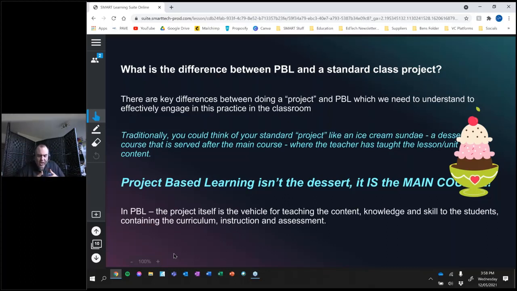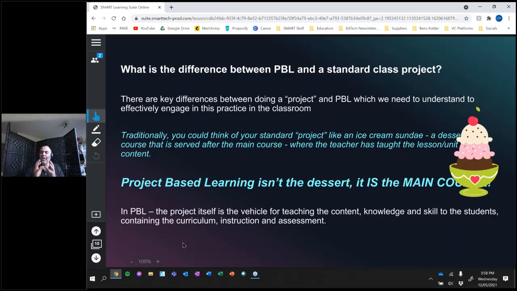Project-based learning is about focusing on all the steps along the journey to achieve that outcome and giving students that depth of knowledge in what they're doing. So PBL, the project itself, is the vehicle for teaching the content, knowledge, and skill to the students. So it does contain curriculum, instruction, and assessment. It's not the summative assessment task, it's actually the vehicle of teaching the content.